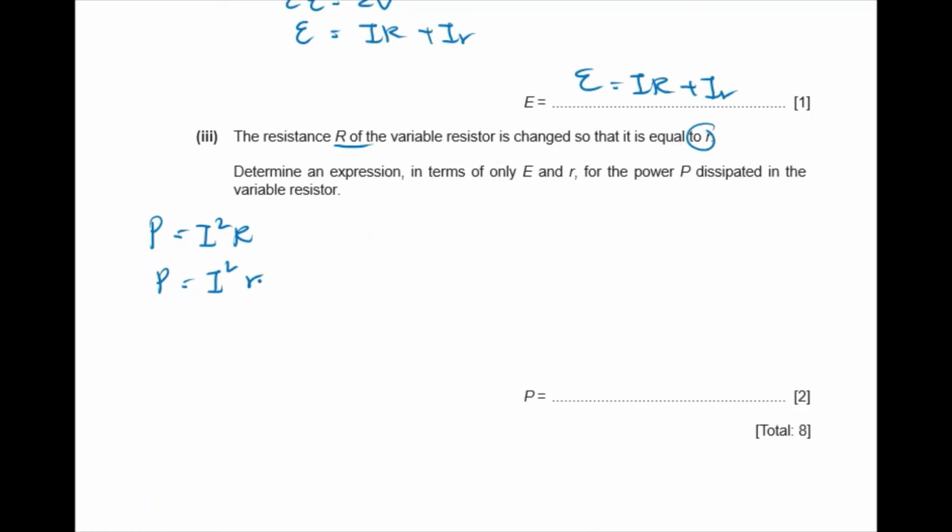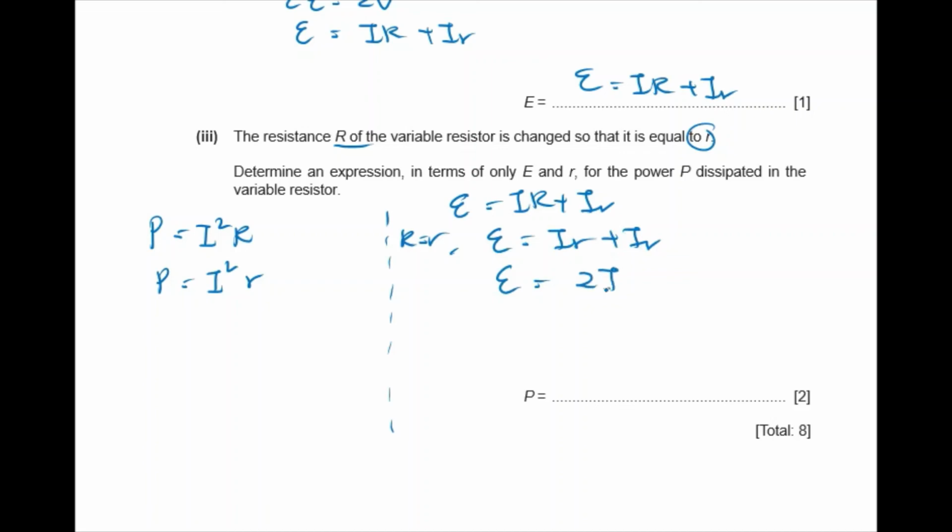So we want to know what is I. From Kirchhoff's second law, E equals IR plus Ir. So R equals r. So we have E equals IR plus IR, E equals 2IR.